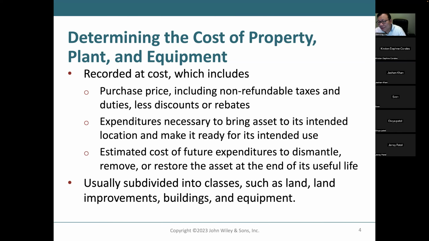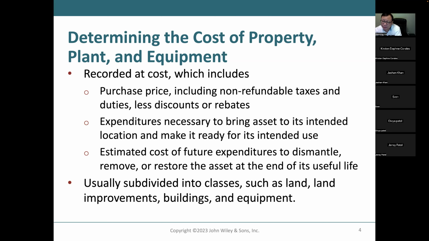But if you are the end consumer, you don't sell it to anyone, you use it, you consume the product or the service. In that case, those GSTs are non-refundable. So when you record the cost of PPE, you have to include the non-refundable tax portion.